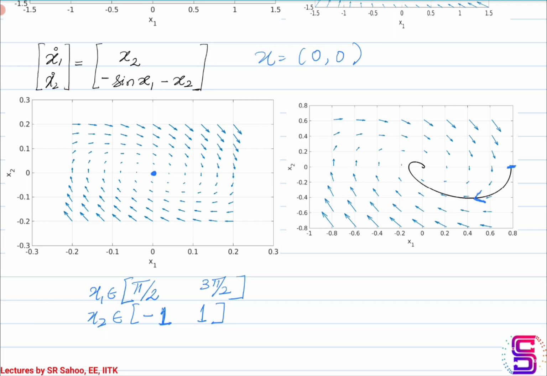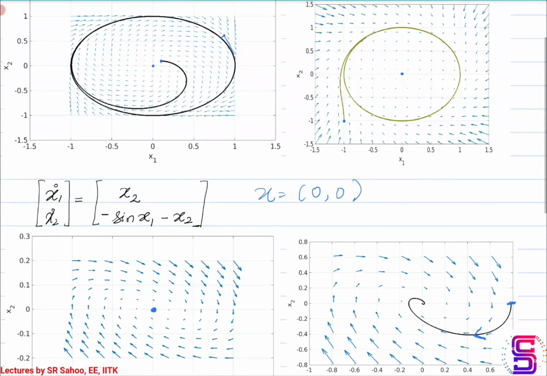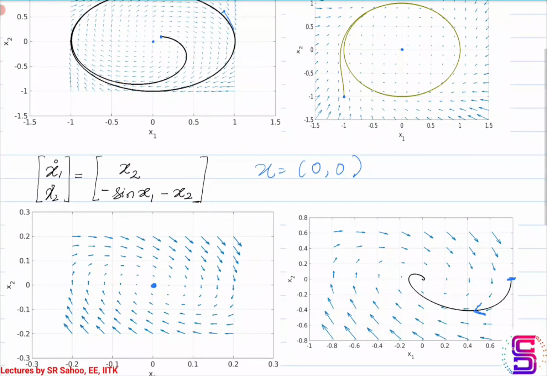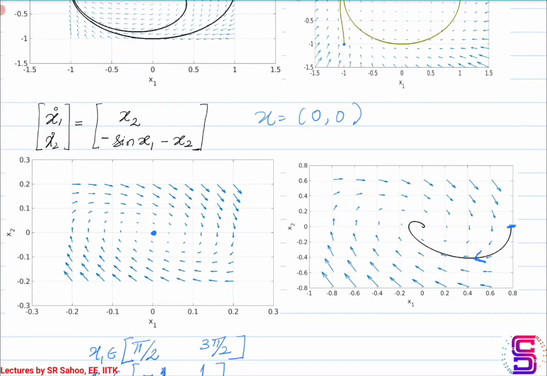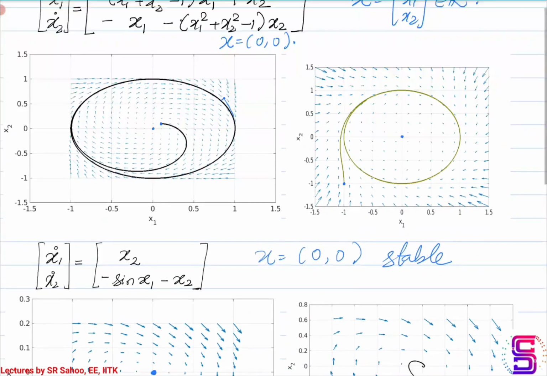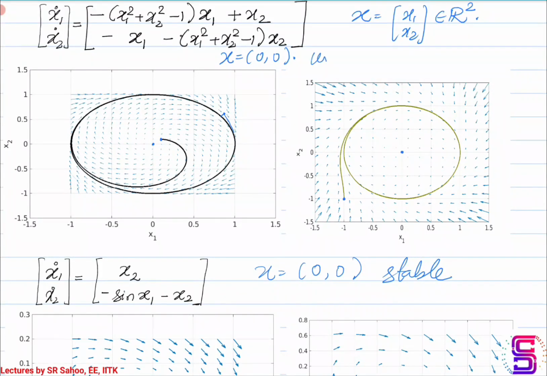But we'll not classify the equilibrium points that we saw for the two nonlinear cases as of now as a center or a focus. We can just classify whether the equilibrium points are stable or unstable. So here we have a stable equilibrium point, whereas in the previous case we had an unstable equilibrium point.